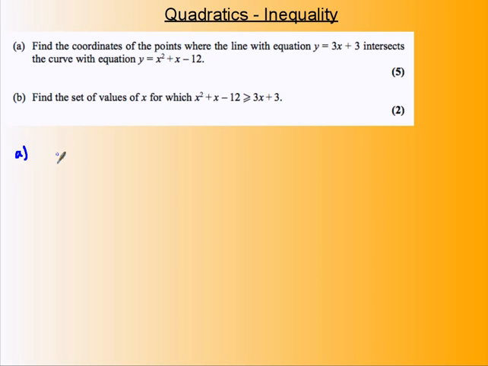What we can say is we want to know when x squared plus x minus 12, y equals that, equals, and we've got y equals 3x plus 3, one equals the other. Quadratic equation here, rearrange and solve.